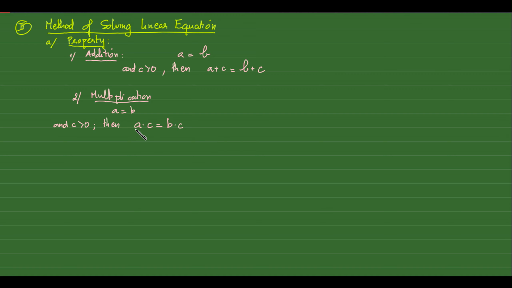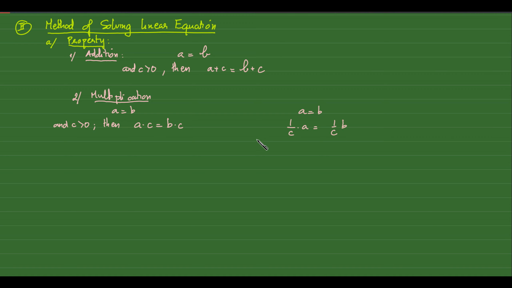Or you can multiply by the reciprocal of C. So if A equals B and C is greater than 0, and you multiply both sides by the reciprocal of C, meaning 1 over C, it should give you the same.